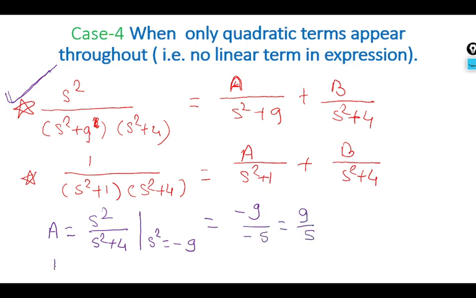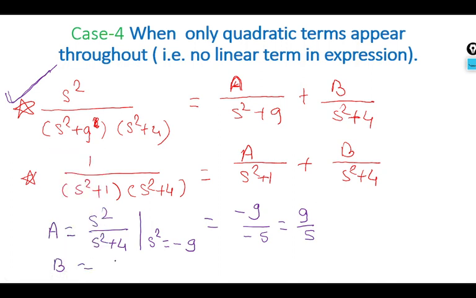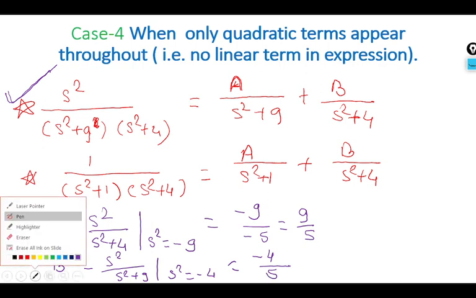Similarly, to get the value of b, we ignore the factor s square plus 4. We are left with s square upon s square plus 9, where we replace s square by minus 4. So we get minus 4 by 5. That is the value of b. So this is the first case.